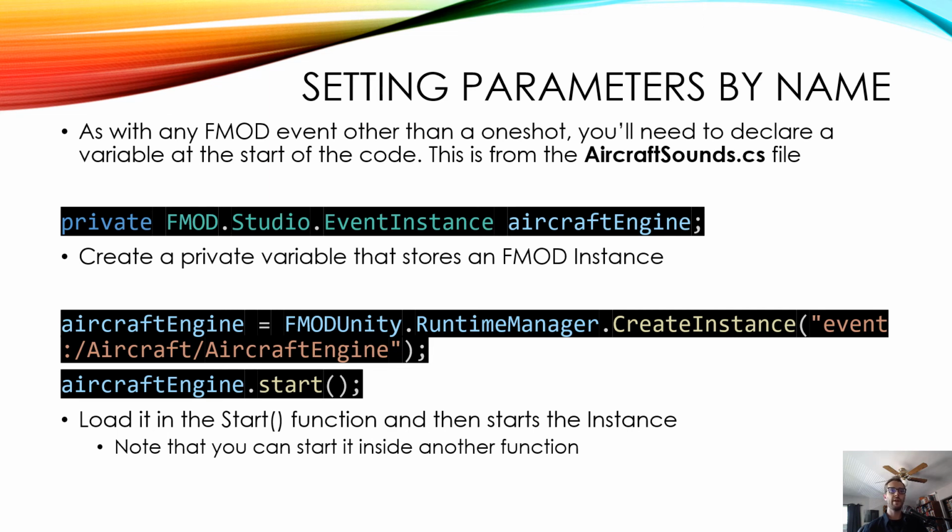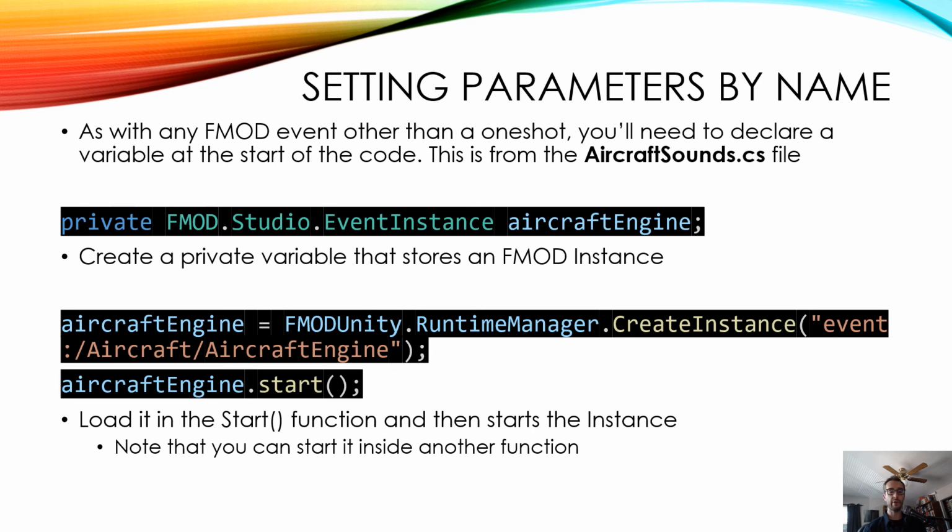Then in the Start function, I have that variable, aircraftEngine, equals FMODUnity.RuntimeManager.CreateInstance. And then once again, in FMOD, I got my path by going to the event, right-clicking on it, and then copying path. I insert it into the parentheses, open quotes, just paste it in, close my quotes, close my parentheses, and semicolon to terminate.